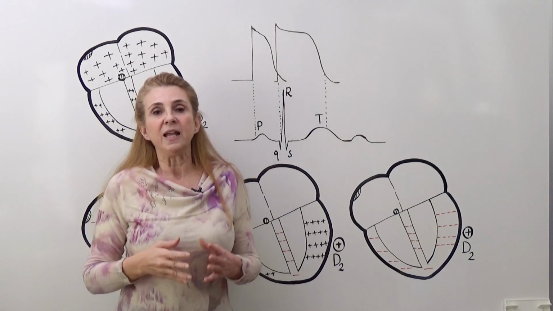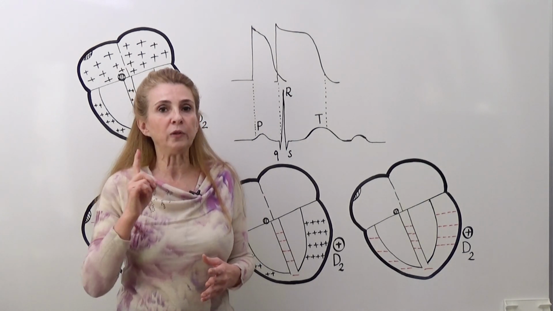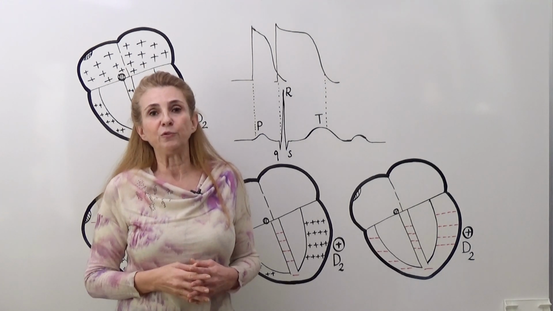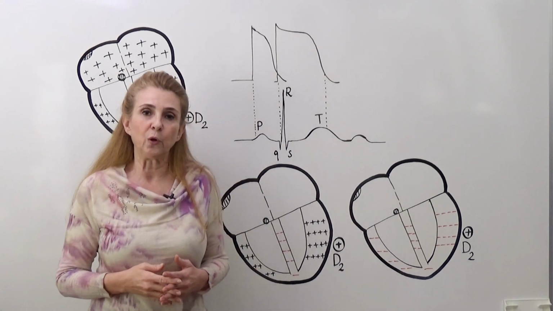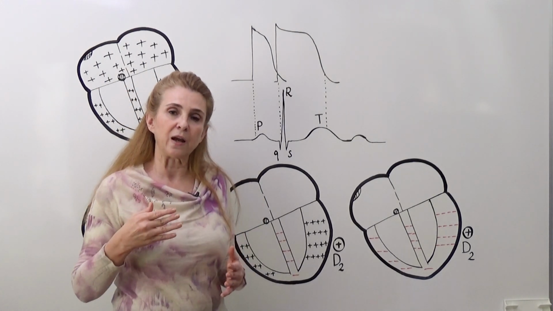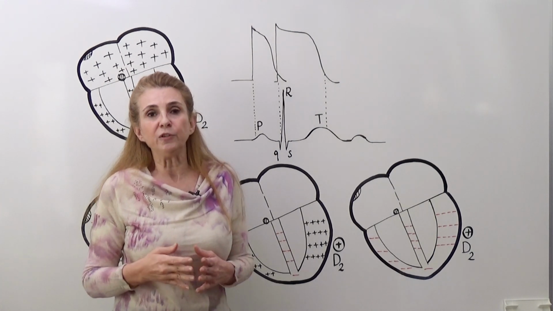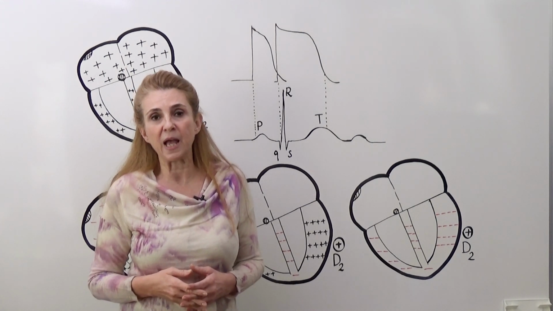These are intracellular recordings, and they are recorded from only one atrial muscle cell or one ventricular muscle cell. In intracellular recordings, one of our electrodes is in the cell and the other one is outside the cell, and we record the electrical potential difference between the two sides of the cell membrane.